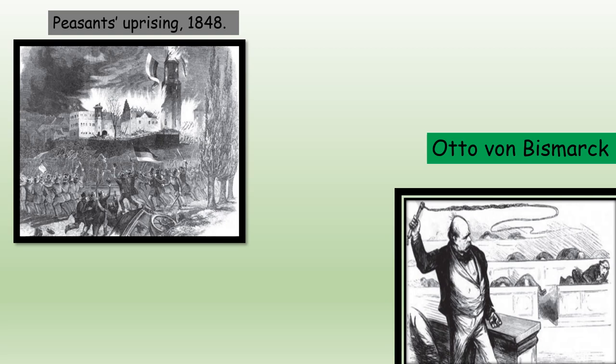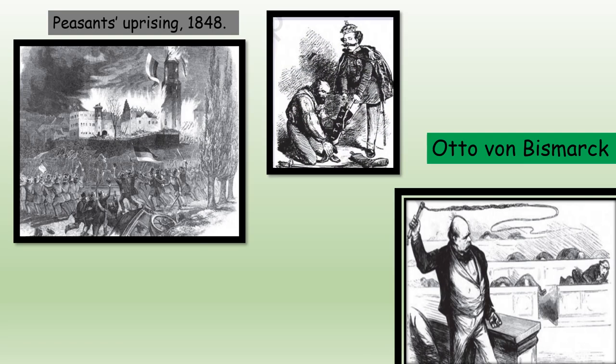So I don't have to go into detail to explain why this man was given a whip. He was actually given the complete responsibility by Kaiser William II to unify the whole of Germany and hand it back to him.